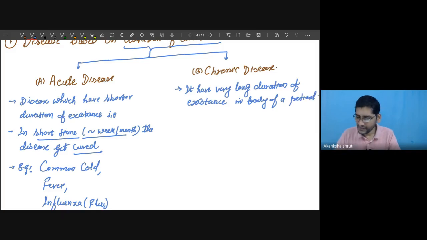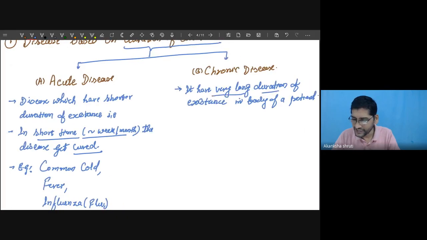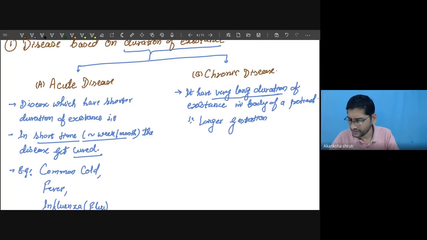Okay, students. This duration of existence is sometimes also called the gestation period. Sometimes this gestation word is also used. So we can write: longer gestation. This term may be coming in your examination.